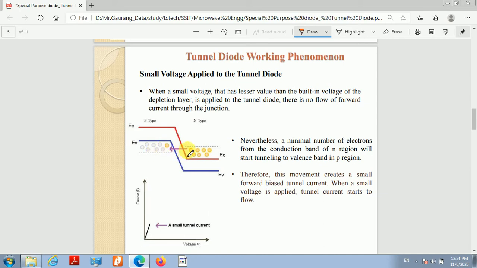Due to this small number of electrons crossing the junction from n to p, it will create a very small forward bias tunnel current. It will produce a small forward bias tunnel current when we have applied a very small voltage to the tunnel diode, which is less than the built-in potential of the diode.